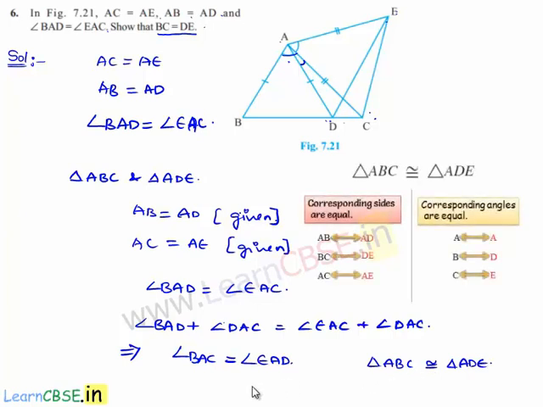If two triangles are congruent, the corresponding sides and corresponding angles will be equal. Now in triangle ABC and triangle ADE, we can equate BC and DE as they are the corresponding sides. That is the required proof for us.